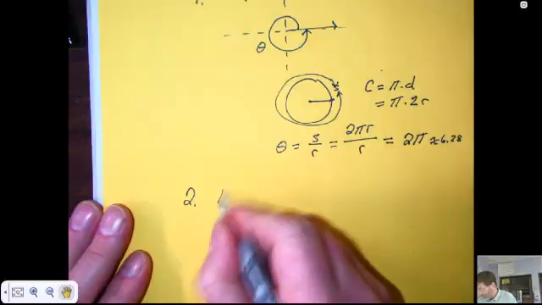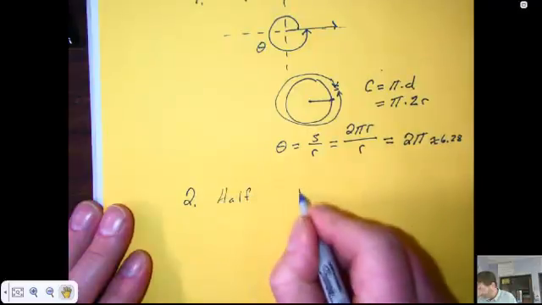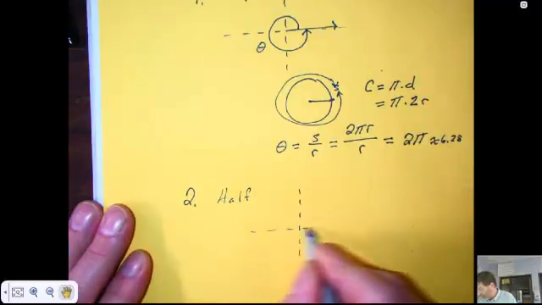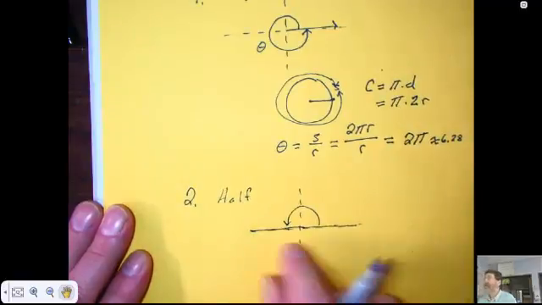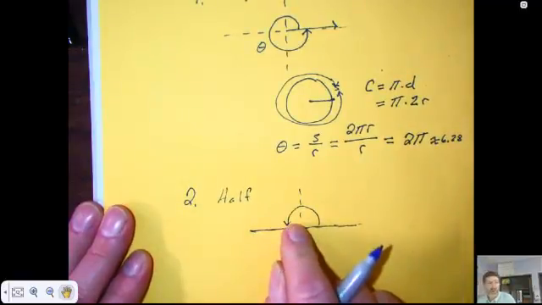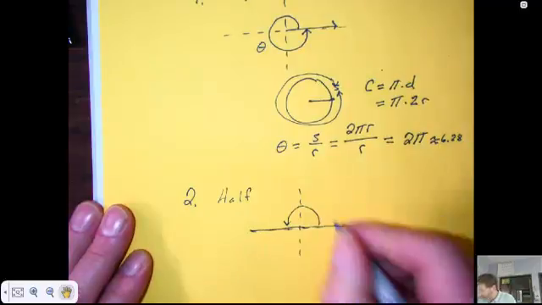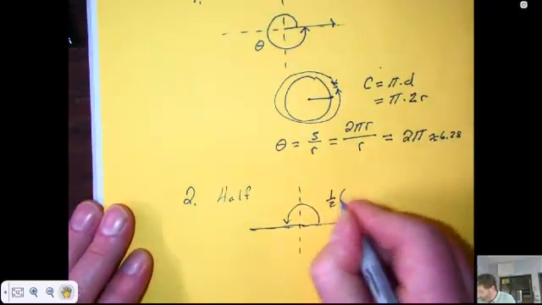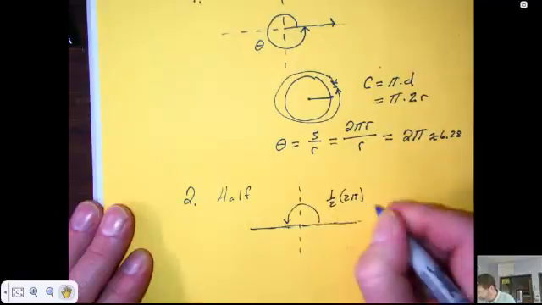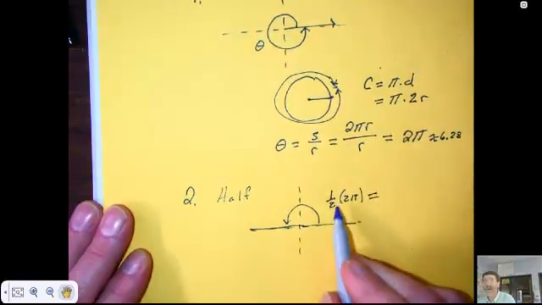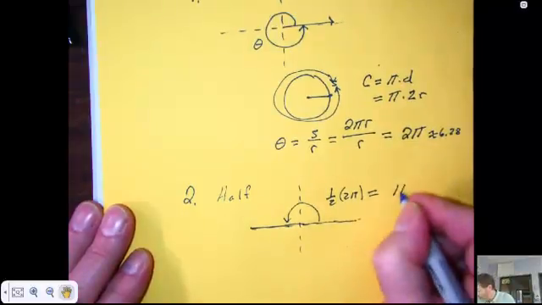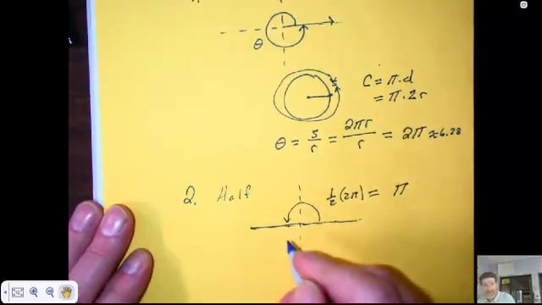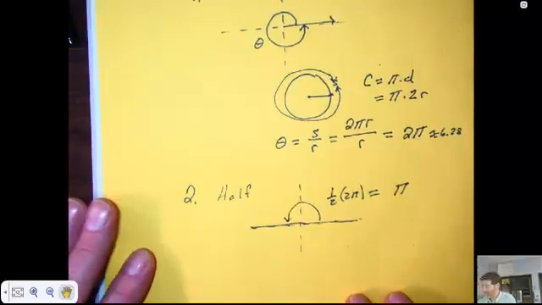If we did half a circle, if I started here and went all the way to here, that is half of a full circle, right? In other words, that would be half of 2 pi, which would equal what? Half of 2 pi would be pi, right? So halfway around is pi radians.